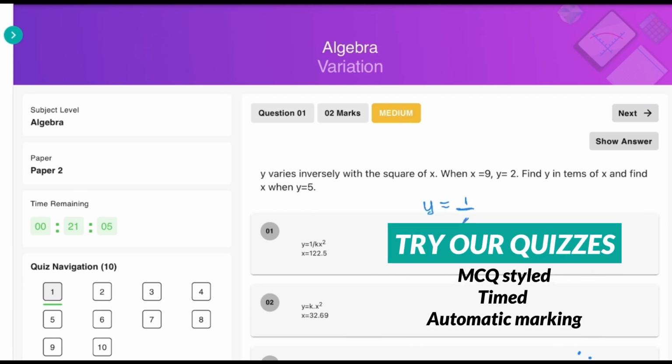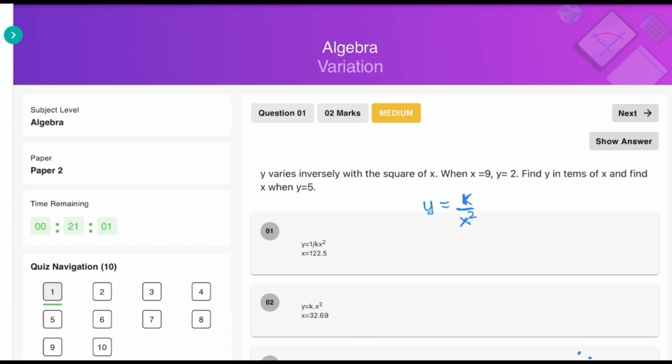So it has to be x squared. And when we put the equation, we have to put the value k. So then we substitute in the values for y and for x. So this is equal to 2 times 81 is equal to k. So that's 162 is equal to k.